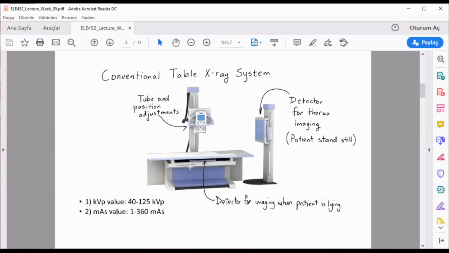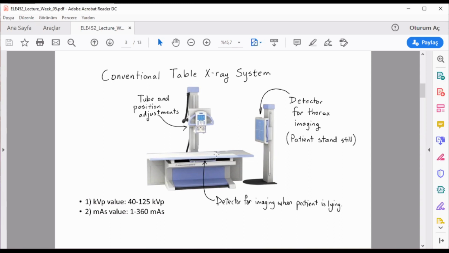Patient lies down here and X-ray tube is there. It can be adjusted to anywhere. And the detector or the film, previously film, now a digital detector is underneath the table. So the patient lies down, X-ray is from top to bottom, illuminates the detector for imaging.